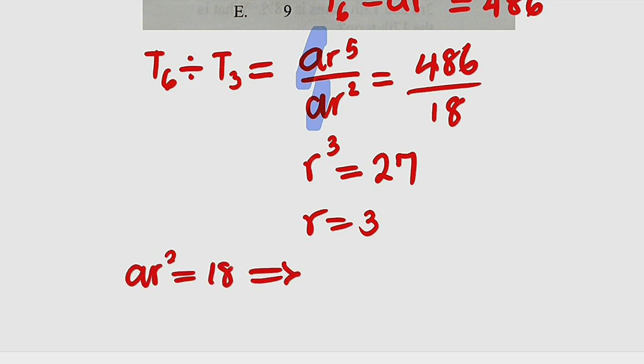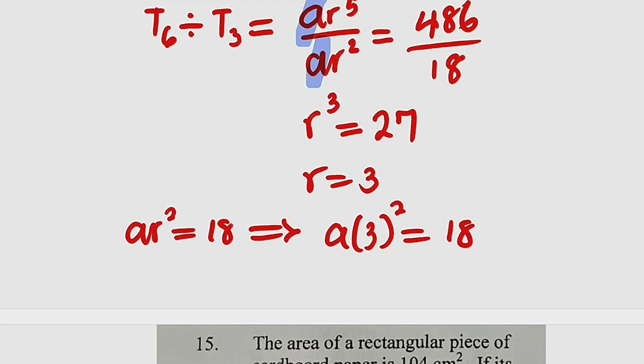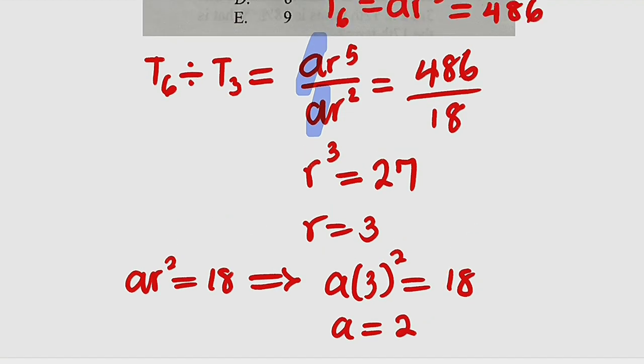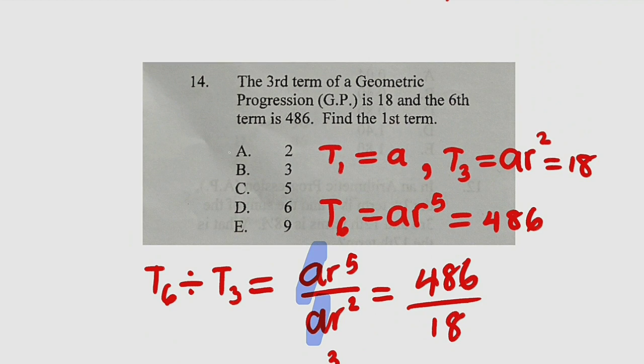But we have seen that R is equal to 3, so we have A times 3 to the second power equal to 18. And 3 squared is 9. Therefore, we can divide both sides by 9. And hence, A equals 2, because 18 divided by 9 is equal to 2. Therefore, the first term is equal to 2. Let's check the options. We have it as option E.